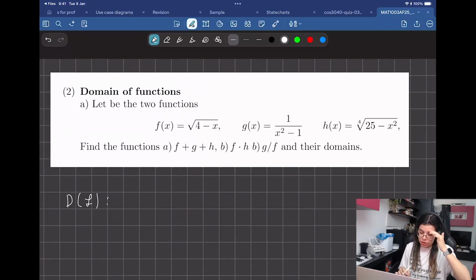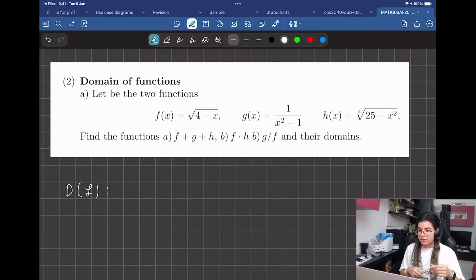There are actually 2 main cases that you might have when dealing with domains. One is you might have a radical, and the other one is you might have a fraction. With any other type of regular numbers, you don't really have any specific cases for the domain. You don't have what to remove from the domain usually. But fractions and radicals are the 2 main types you see in these problems.